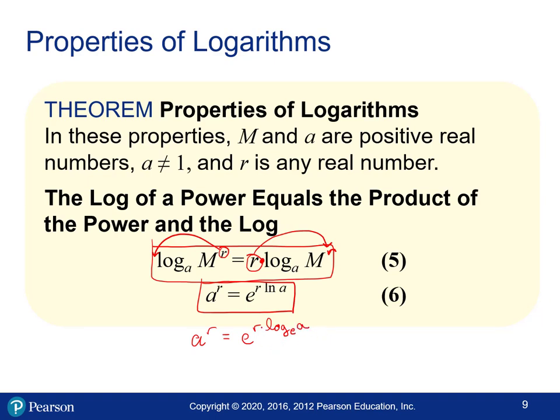So we know that we can do two things. We can take this r and bring it back onto this argument. So that's going to be e to the log base e of a to the r. And then we can use the previous properties we just looked at and notice that the bases match. So e to the log base e, the answer is just the argument, which is a to the r.